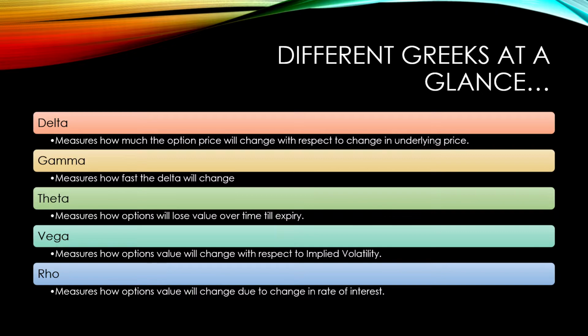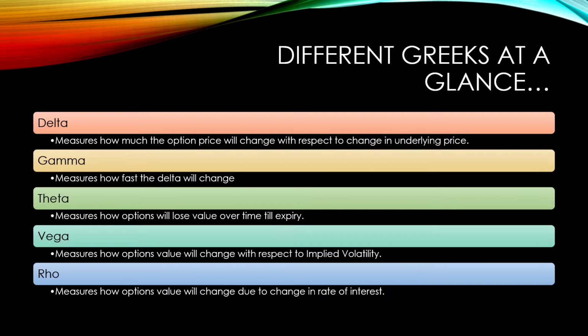So next is rho. It measures how much the option value will change due to change in rate of interest. Rho is generally not a matter to the option trader, because option traders generally remain focused toward short term options.